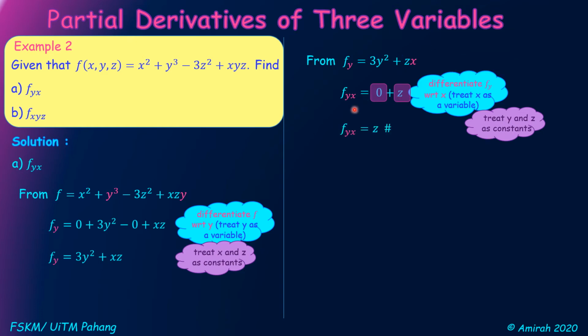After that, we can simplify. So we get fyx equals z. So now we are done finding A, fyx.